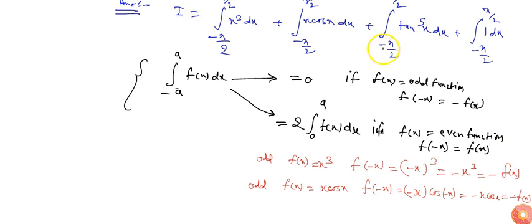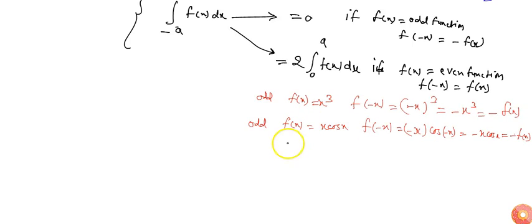The third integration is 10 power 5x. If, let's say, f(x) equals 10 power 5x, then f(minus x) is 10 power minus 5x, which is minus 10 power 5x. So it is minus of f(x).